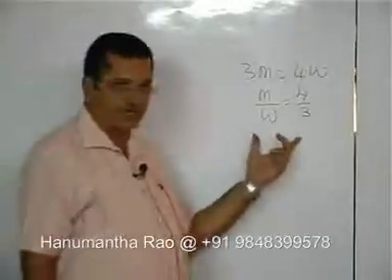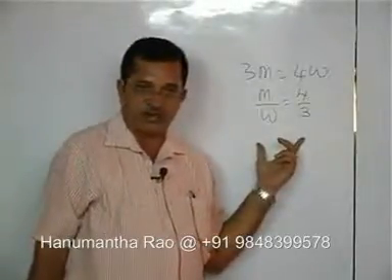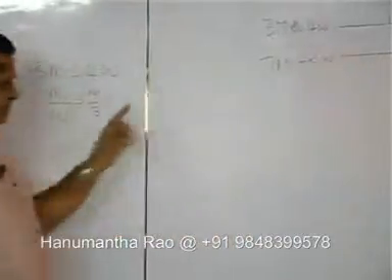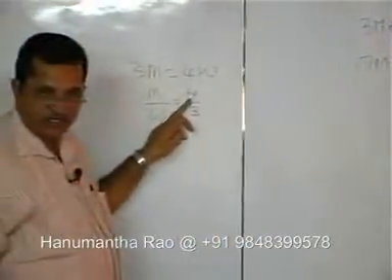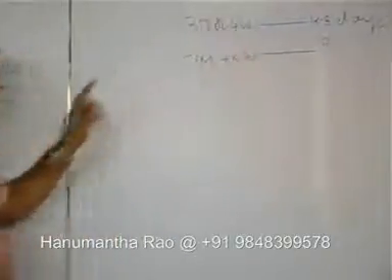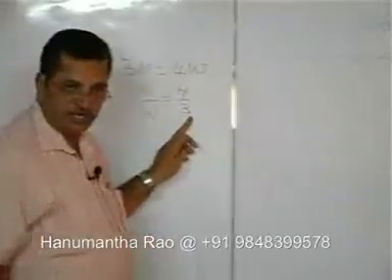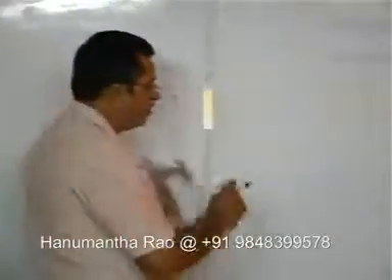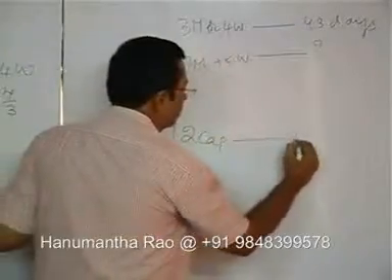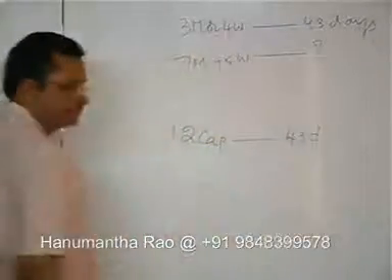Once you convert like this, you are converting them into capacities. 3 men means 3 into 4, 12 capacities. Or 4 women means 4 into 3, 12 capacities. Working with 12 capacities, the work can be done in 43 days.